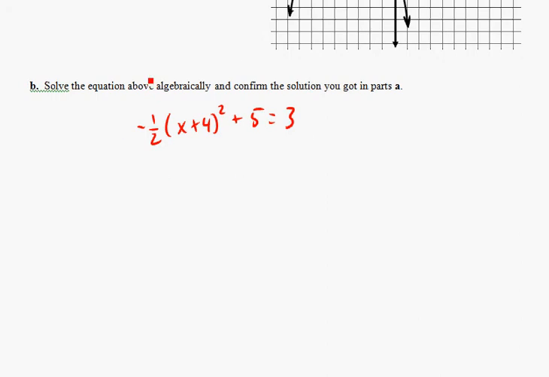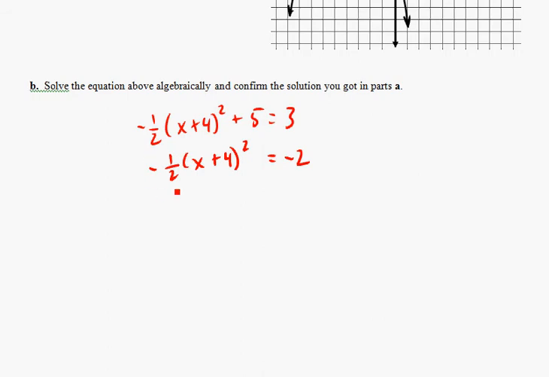One way to solve this equation would be to expand the x plus 4 and simplify the left side, and then get one side equal to 0 and see if we can factor. But I think it's much easier to just go ahead and see if we can isolate the x. So to do that, I'm going to start by subtracting 5 from both sides. That would give us negative 2 on the right side.